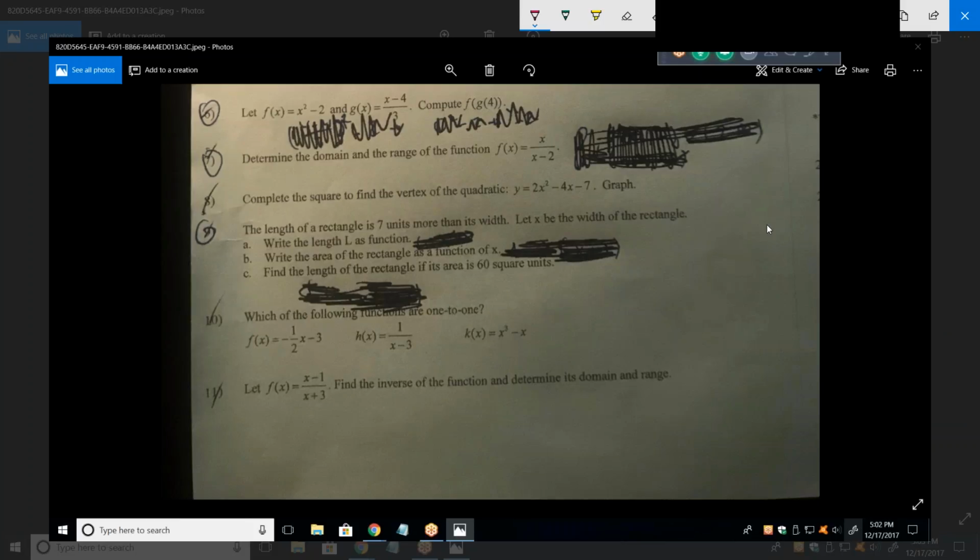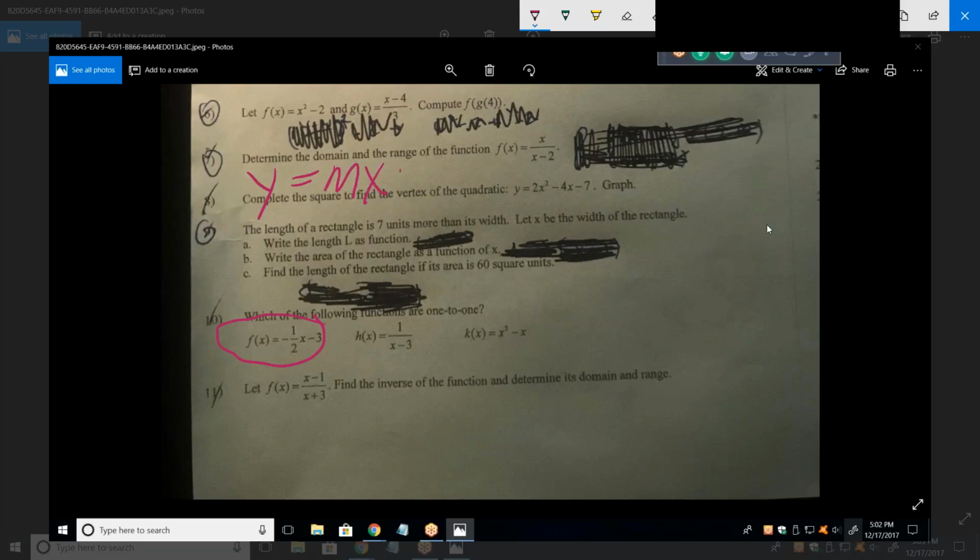All right, number 10. What kind of function is that? Is it linear? Is it quadratic? Is it hyperbolic? Is it cubic? It's linear, in the form y equals mx plus b.